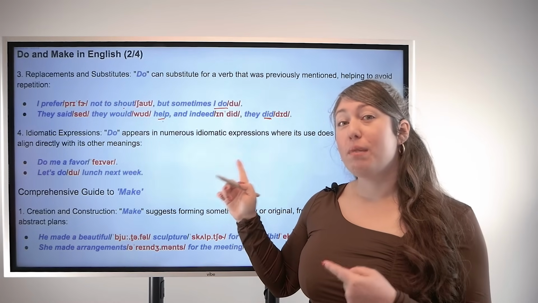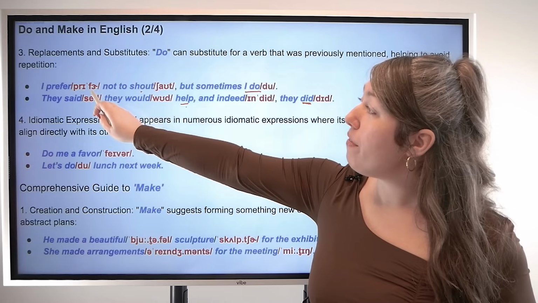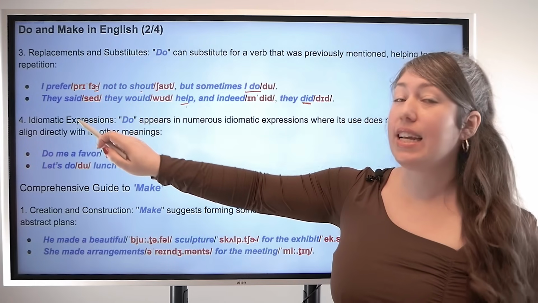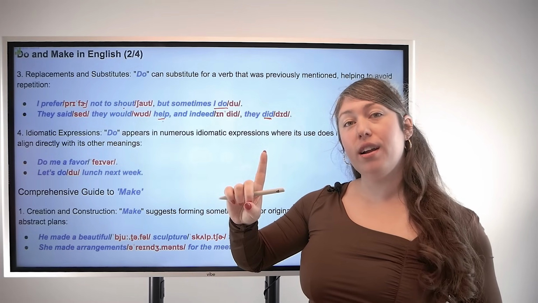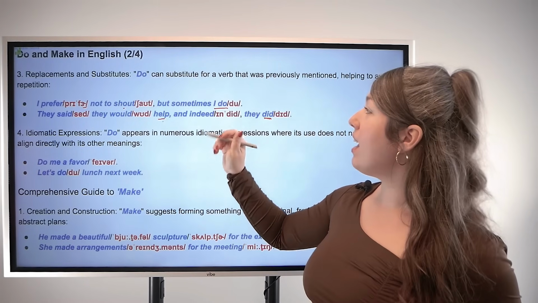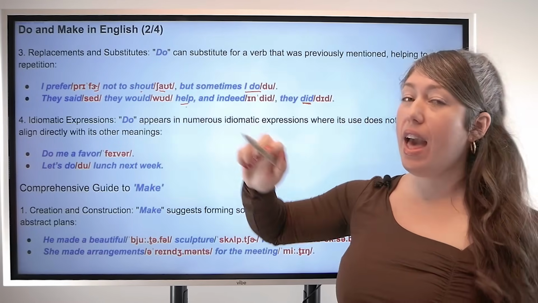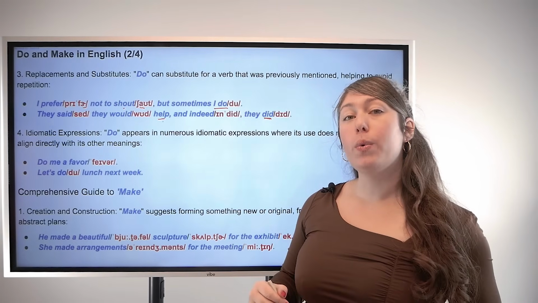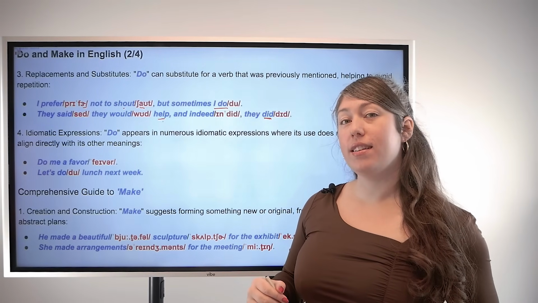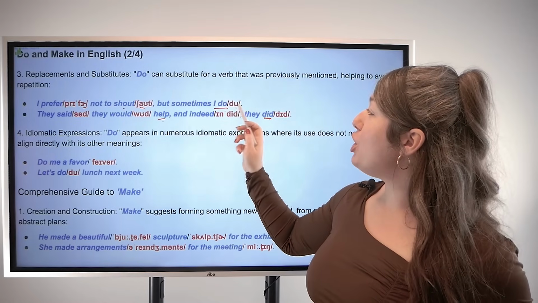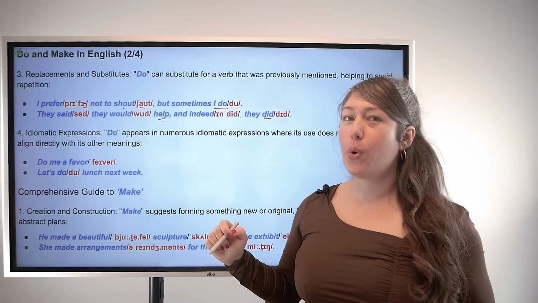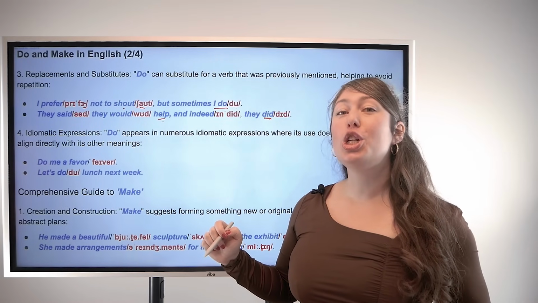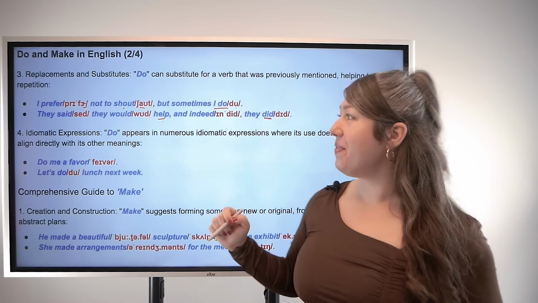And let's go back and check pronunciation. Prefer, we stress the second syllable. Prefer. Shout, we have the SH sound. Shout. And do, make sure you're not saying "doo." Do. Very good.